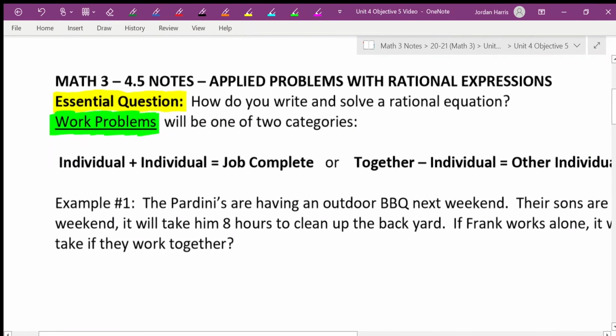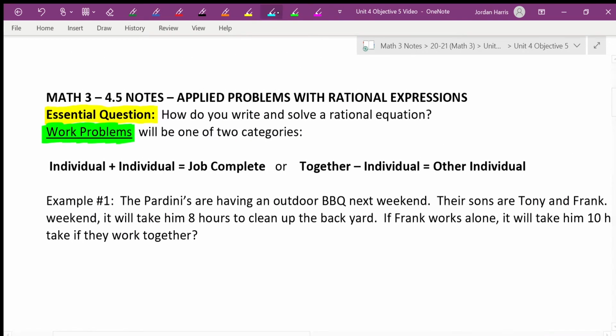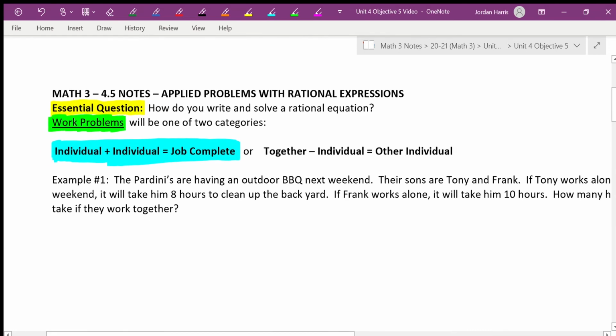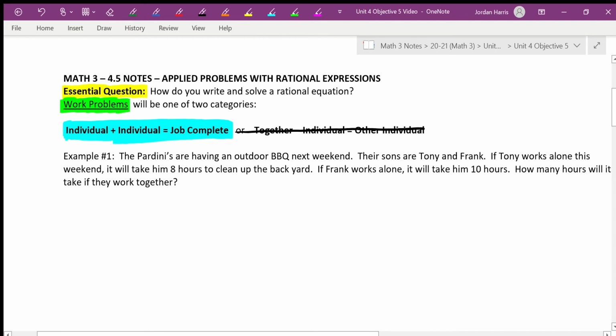I'm going to highlight this one. This is the one I use every time because you can solve using this one every time, and it makes it a little bit easier if you only have one thing to know how to do. So we're not going to worry about the other one. You could even cross it out. It is correct, it's not wrong. You can do it, but let's just use one.